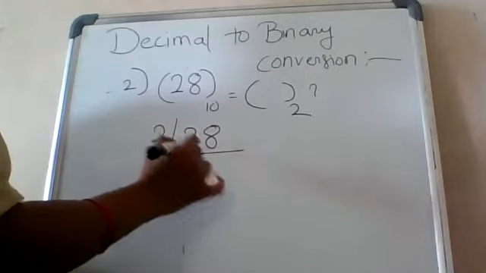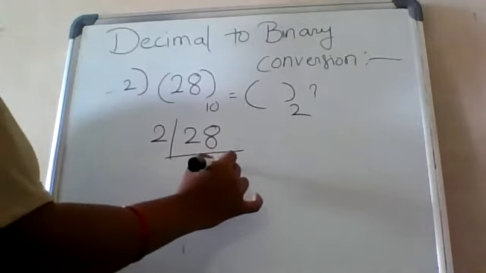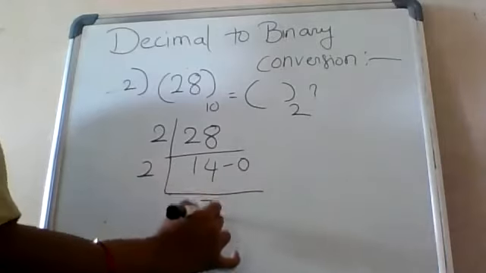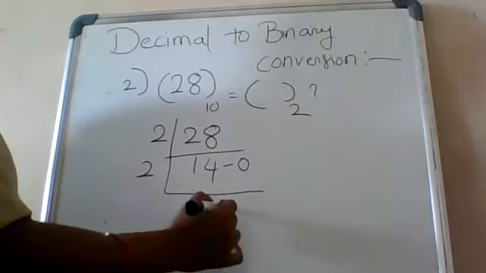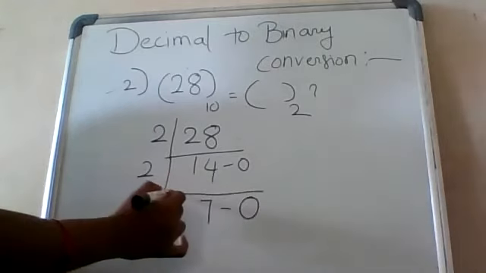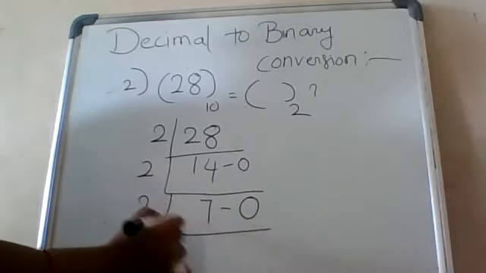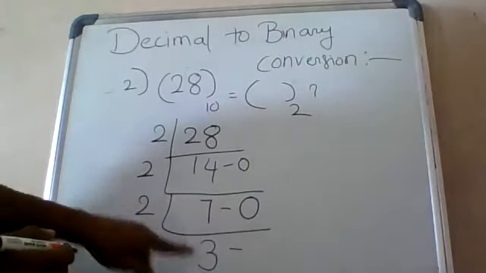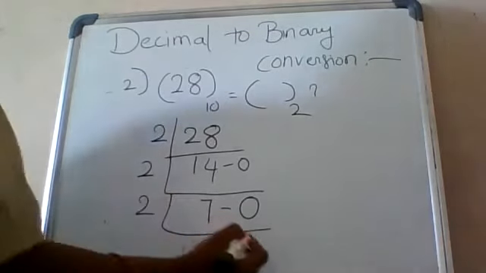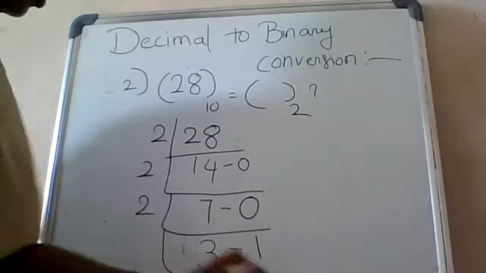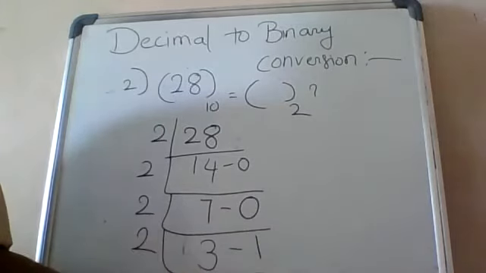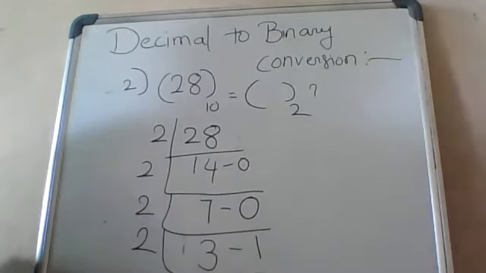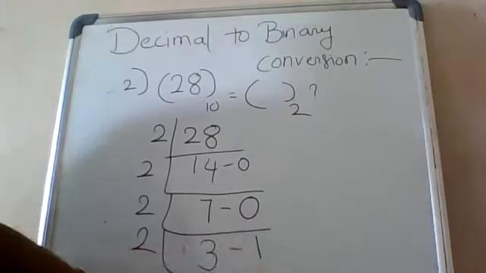Divide by 2. 2 14s are 28, remainder 0. 2 7s are 14, remainder again 0. 2 3s are 6, remainder 1. Next 2 1s are 2, remainder again 1.